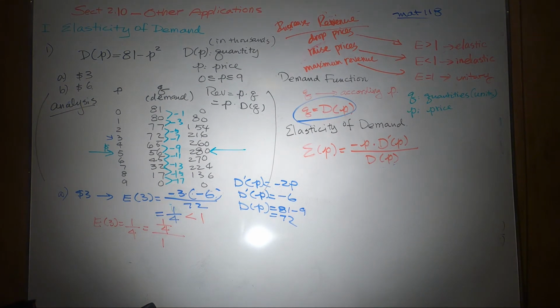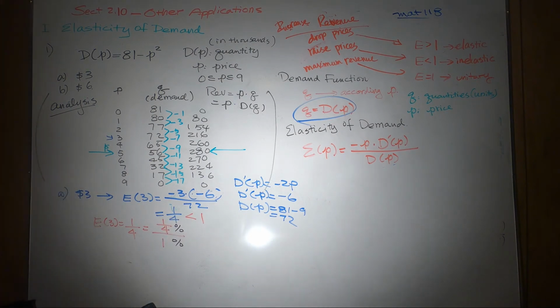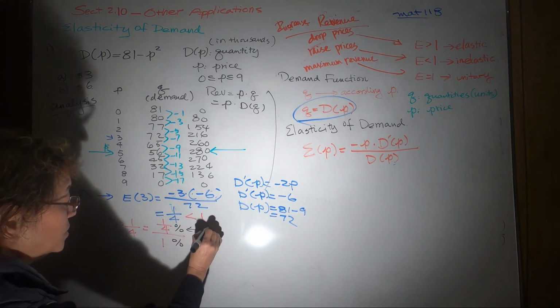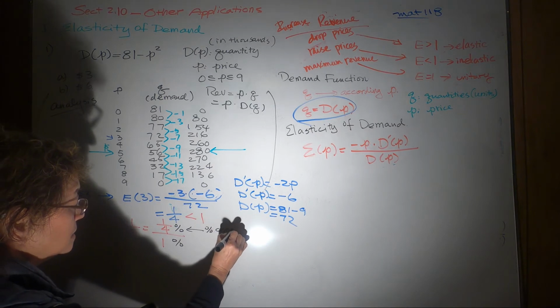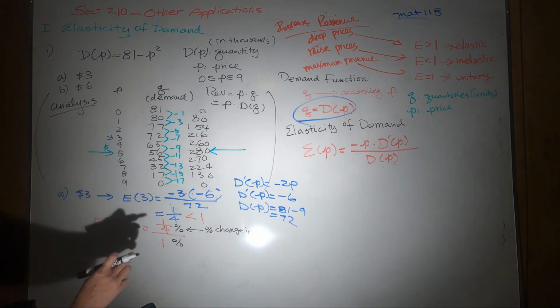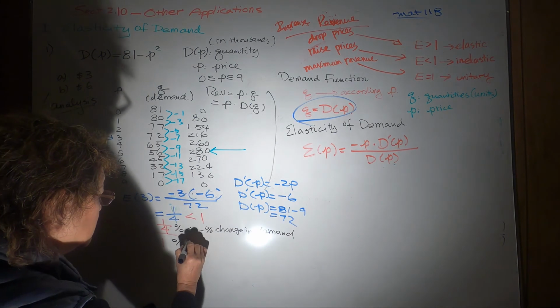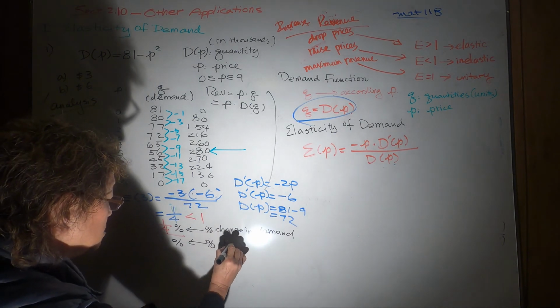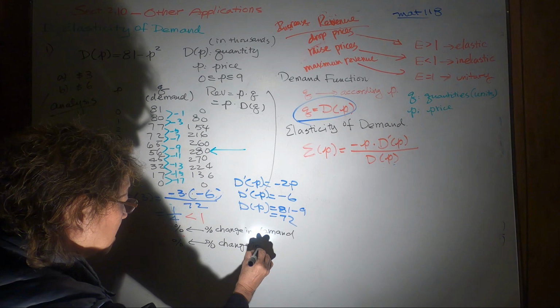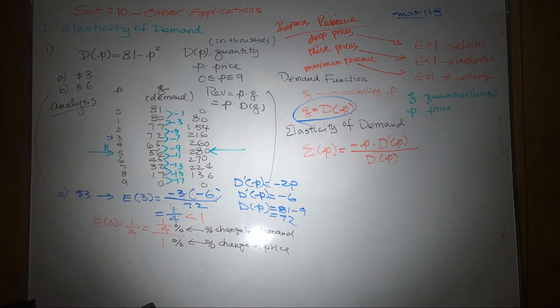Then 1/4 is the percentage change in what? This is a percentage change in the, we look at the previous page, we say, okay, percentage change in demand over percentage change in the price. That's how we count the E, right?